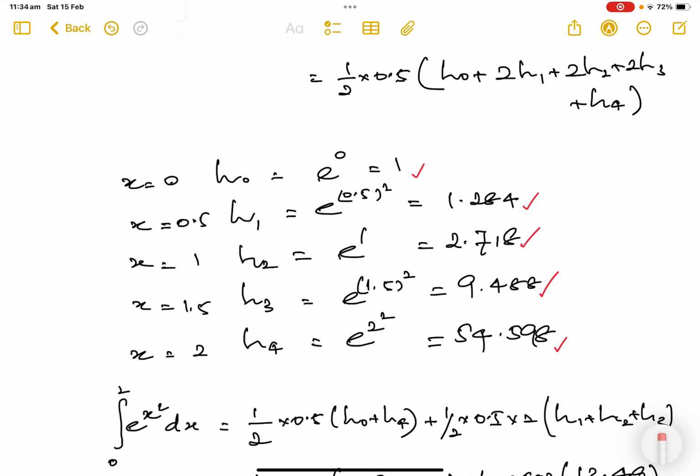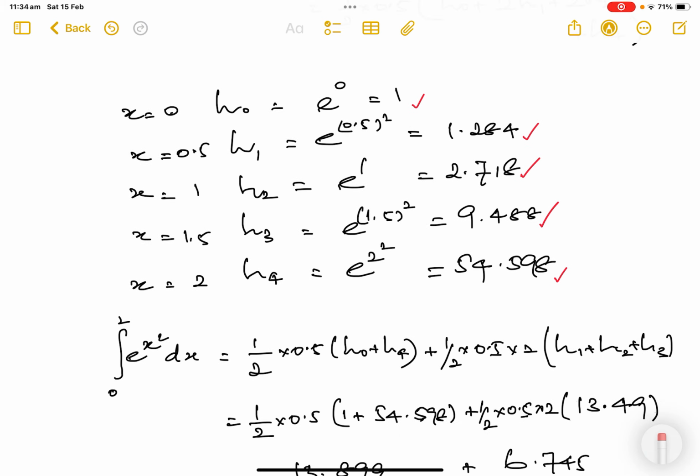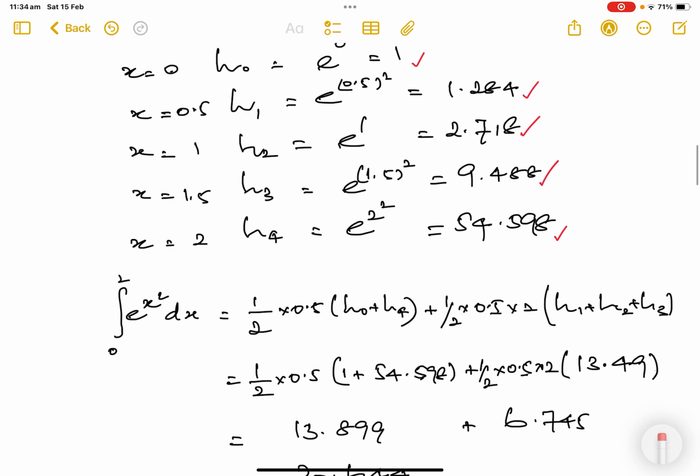Starting from H0, when x equals 0, H0 is e to the power 0. Anything to the power 0 is 1. So the first value is 1, and when x equals 0.5, H1 equals e to the power 0.5 squared, which is 1.284. Use the calculator. x equals 1, H2 equals e to the power 1, which is 2.718.